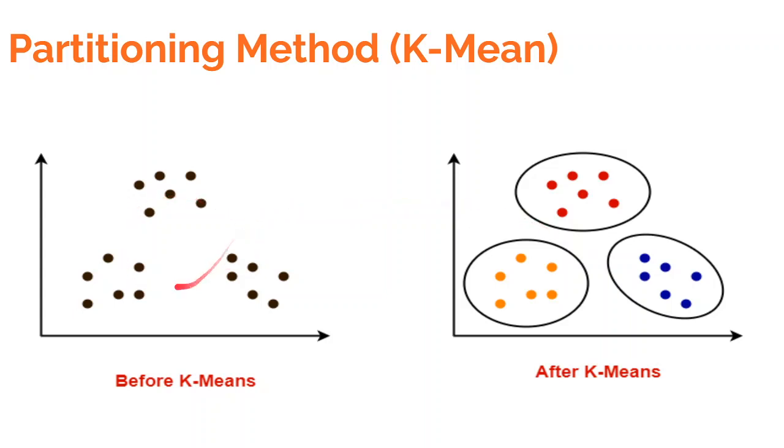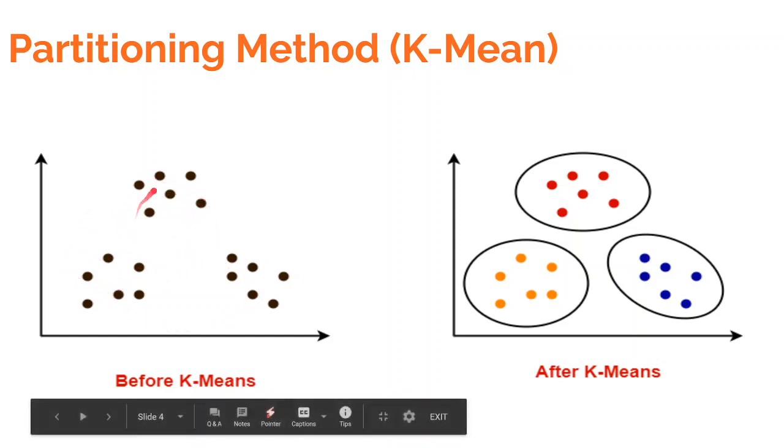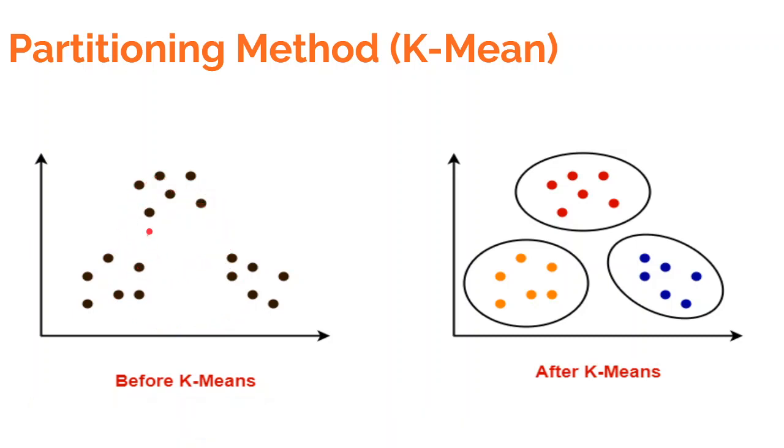So initially, before applying the k-means algorithm, these were the data and they are scattered in different categories. These are not all the same. However, to make retrieval very fast, we need to apply the clustering technique of data mining technology.